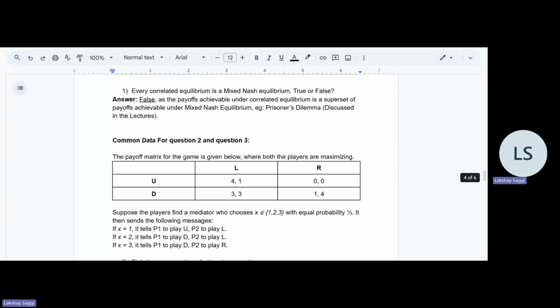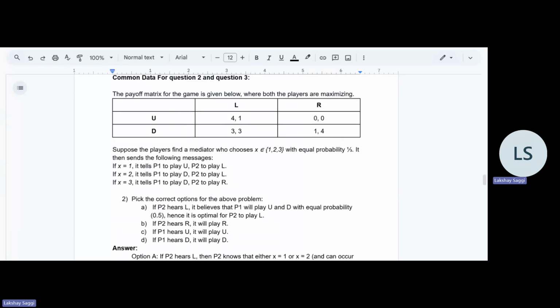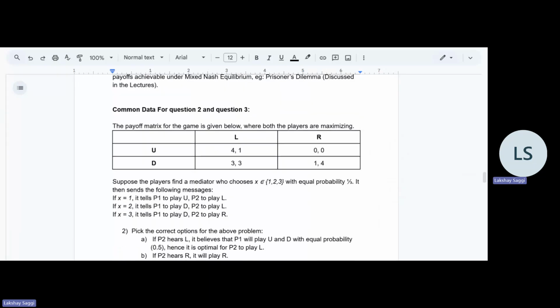And this is an example which we saw here also, right? Suppose this is the problem, and everything was chosen with equal probability 1/3, and the players were being obedient with respect to this mediator strategy. This is what we discussed in the second question.